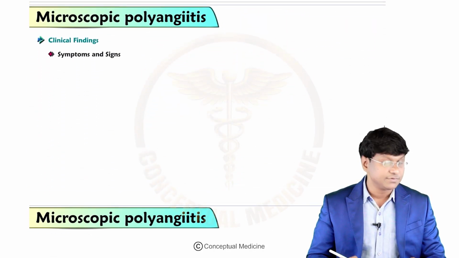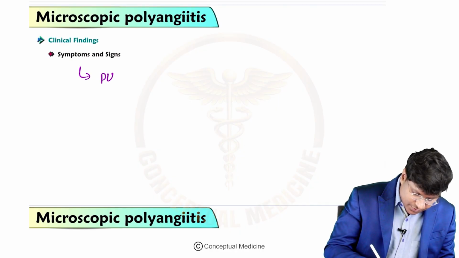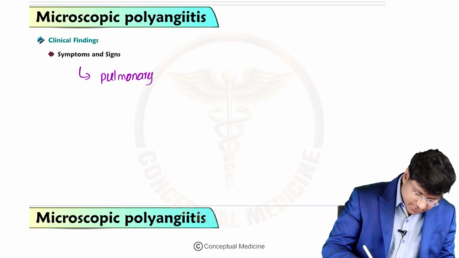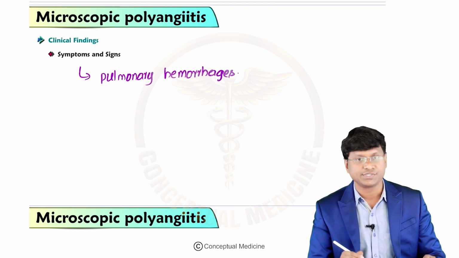If you observe, the pulmonary manifestations include the development of pulmonary hemorrhages.